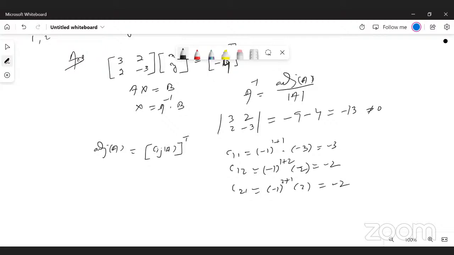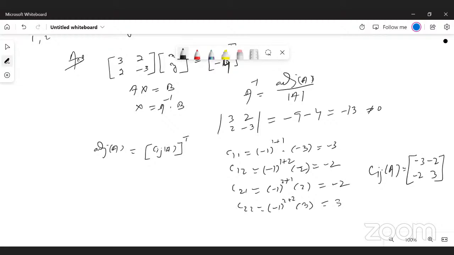And thereafter C22: minus 1 to the power of second row, second column, and its minor is 3, so it becomes 3. Then the cofactor Cij of A becomes minus 3, minus 2, minus 2, and 3. So this is called the cofactor.